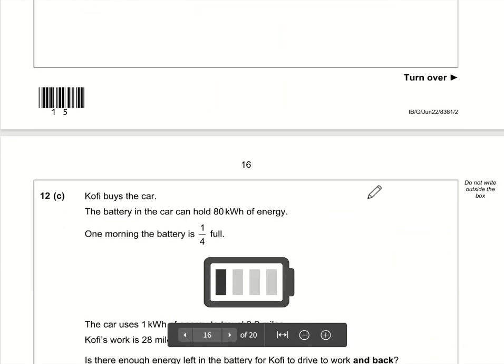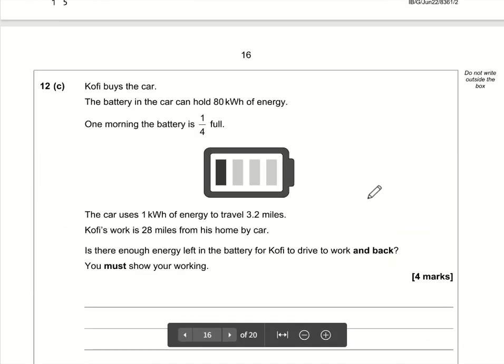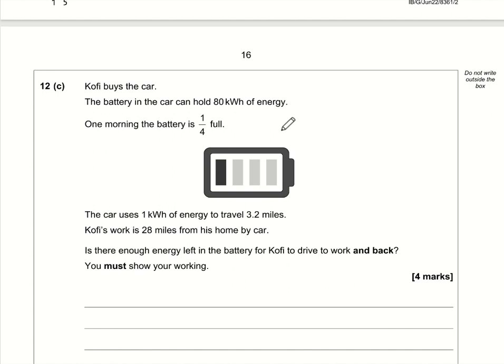1109.85. Okay, so this question here, we know the battery can hold 80 kilowatt hours of energy. If it's a quarter full, then 1/4 of 80, well, that is 80 divided by 4, which is 20 kilowatt hours.